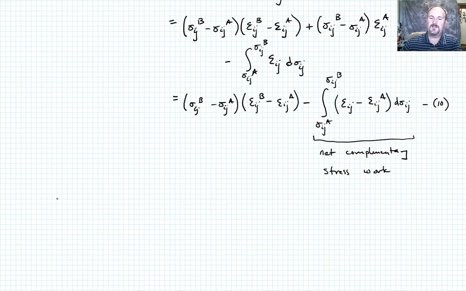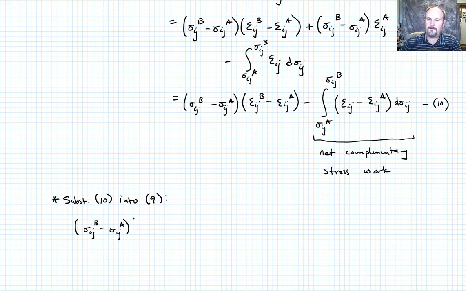And now we substitute 10 into 9, that initial inequality we had for our net stress work. So substitute 10 into 9, right? And we end up with, the first side of that was just sigma ij b minus sigma ij a times epsilon ij b minus epsilon ij a is greater than or equal to, now we're going to make our substitution of equation 10 in here.